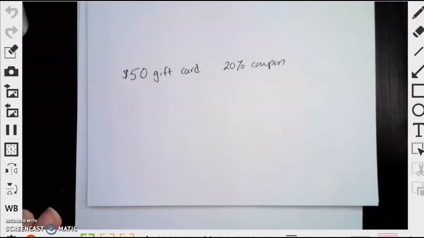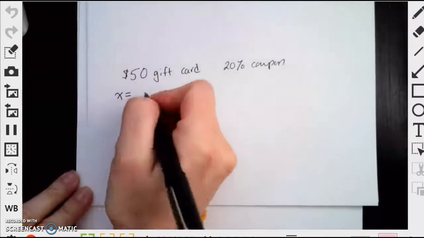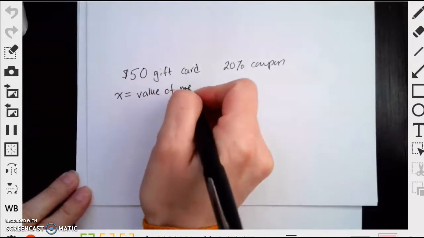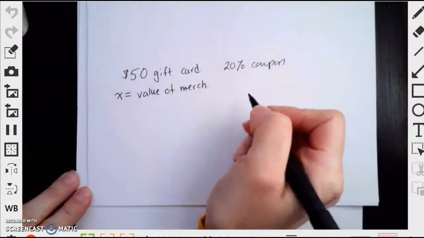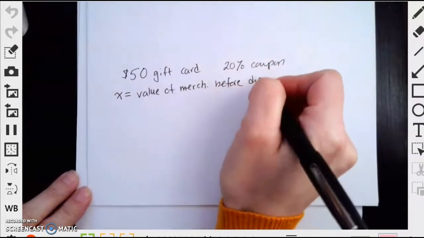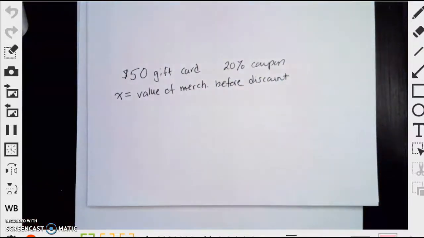On my paper here, I just wrote down the important information. We have a $50 gift card. We have a 20% coupon. So let's let our variable x be the value of the merchandise before the discount. Before we take off the 20%, we want to know how much we can purchase.